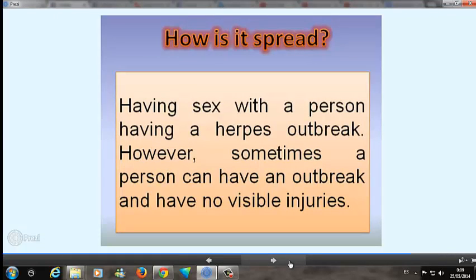How is it spread? By having sex with a person having a herpes outbreak. However, sometimes a person can have an outbreak and have no visible injury.